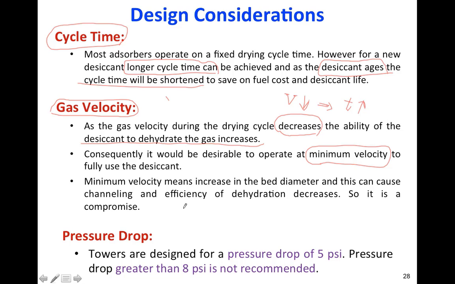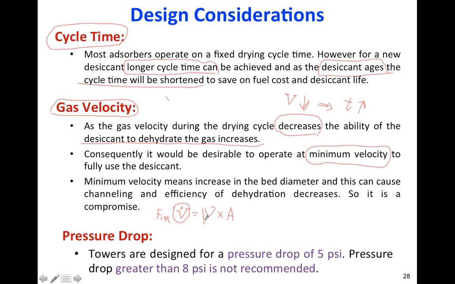So how do we minimize the gas velocity? We know that the volumetric flow rate is velocity times area, which depends on the diameter of the column. The flow rate is fixed.